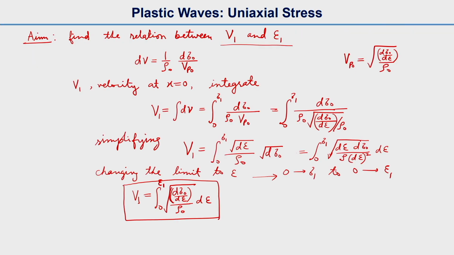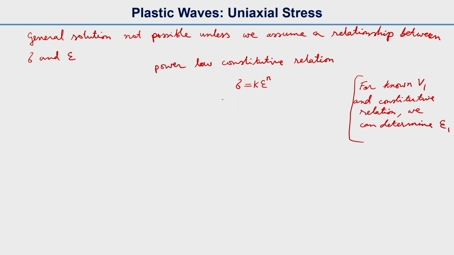Now let us see how to get that, because we have this constitutive relation, which is sigma equal to k epsilon to the power n. We also have the earlier relation which we got. So we will use our constitutive relation in this expression to find the impact velocity. From here we need d sigma by d epsilon.